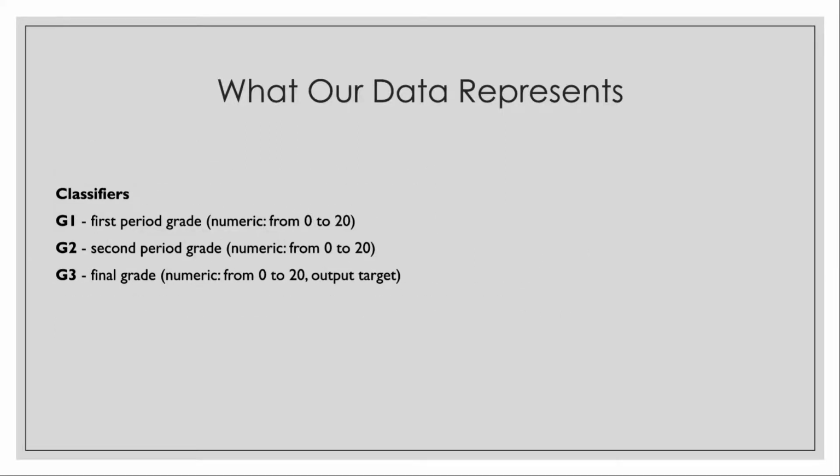And here we have our classifiers that are in the dataset. As I said, there are 3. The first one is the first period grade, second is the second period grade, and then the final grade.